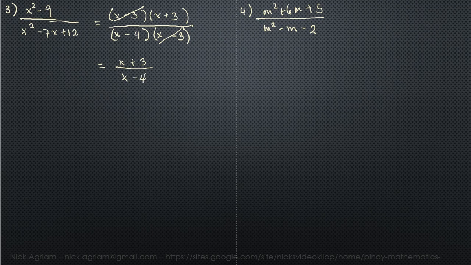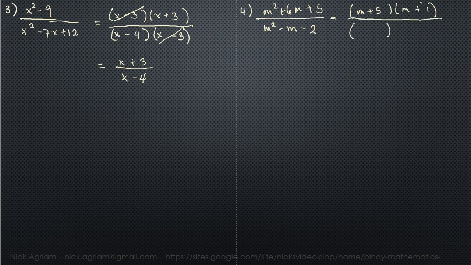Let's take number 4. By factoring, I hope we can factor that also. We have m and m. We have 5, all is positive, so 5 and 1. That was easy.